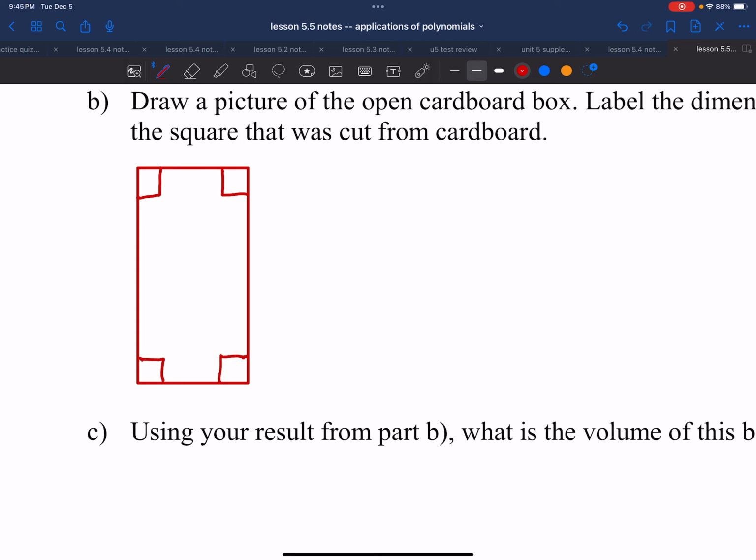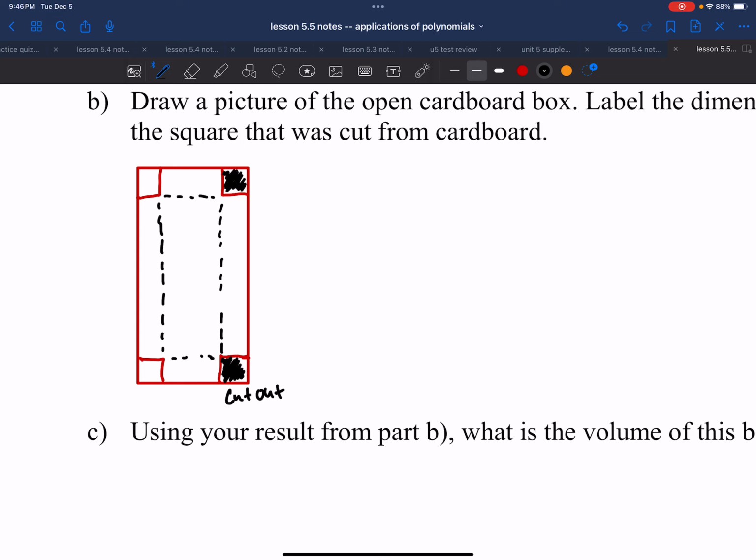You're cutting out a square corner like this. And if I make these dashed lines, these dashed lines are where you're going to fold. We're going to cut out these four corners.